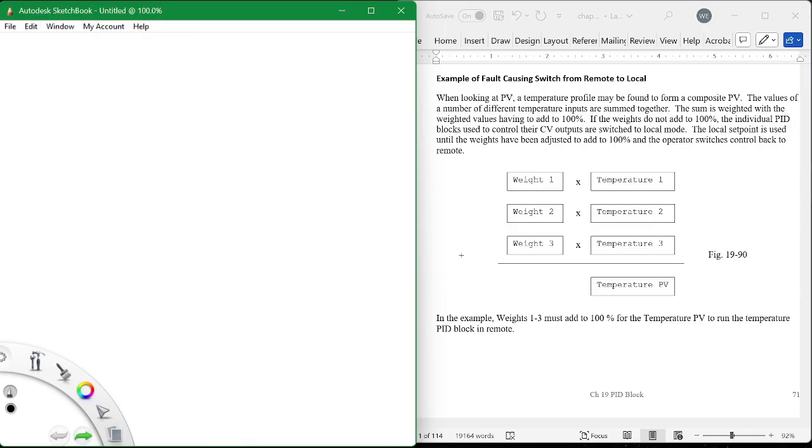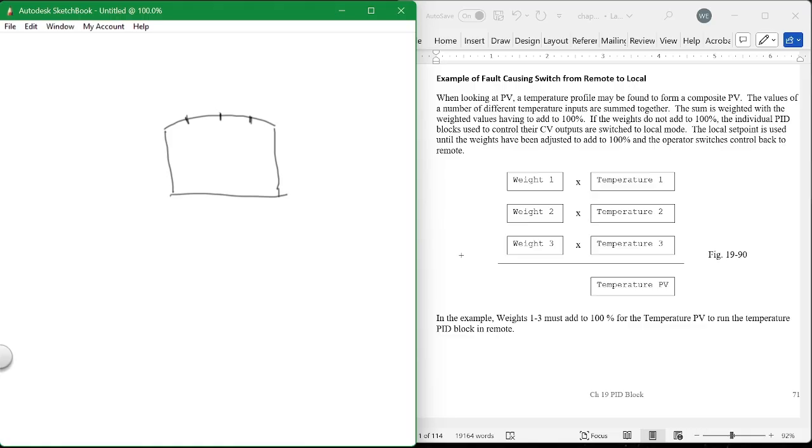I talked to you before about only one eye, and I want to hedge my bets, and this is a case in point. Across the crown of a furnace, instead of having just one thermocouple up here, I want to have 3. I want one over here, one over here, and one over here. Or maybe I want to have 5. Maybe I want to have 10. I don't care. But at least I want to hedge my bets, and I don't want to have all my eggs in one basket and read all my temperature out of 1. I want to read it out of 3 or maybe 5 or whatever.